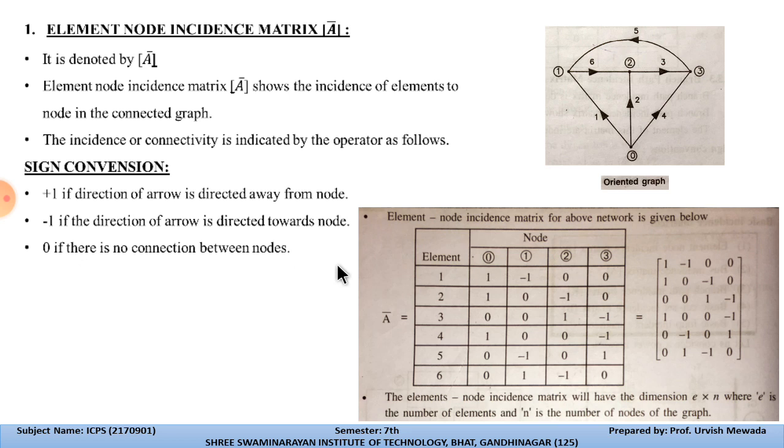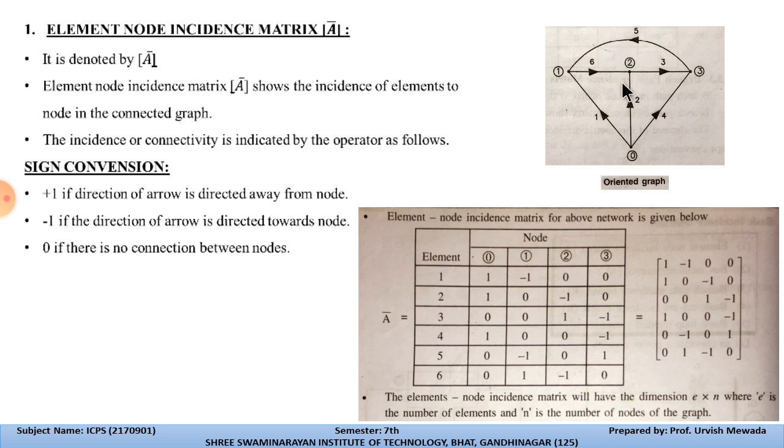Now number 2. The connection of element 2 with node 0: it is going away from 0, that's why it is positive. Now for node 1, element number 2 is not connected with node 1, so it is 0.